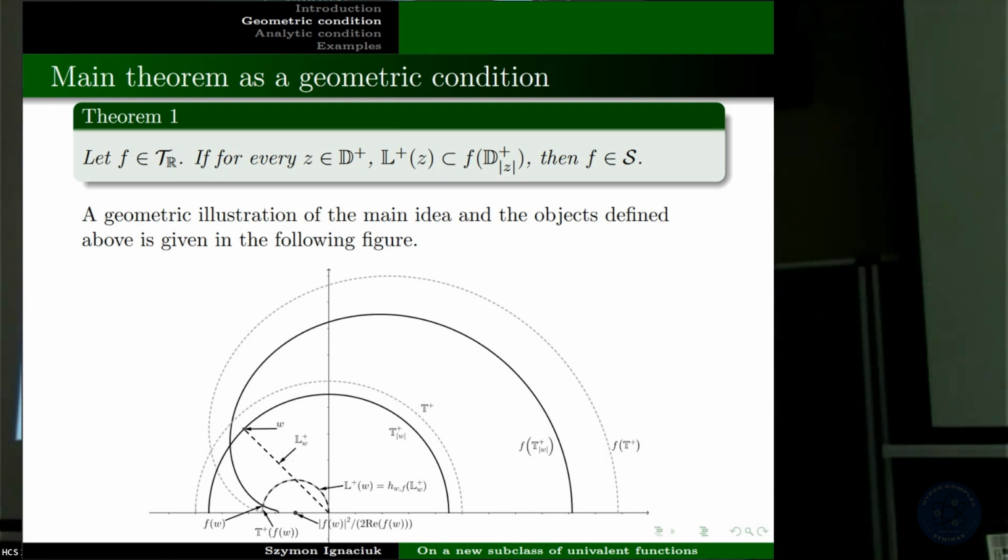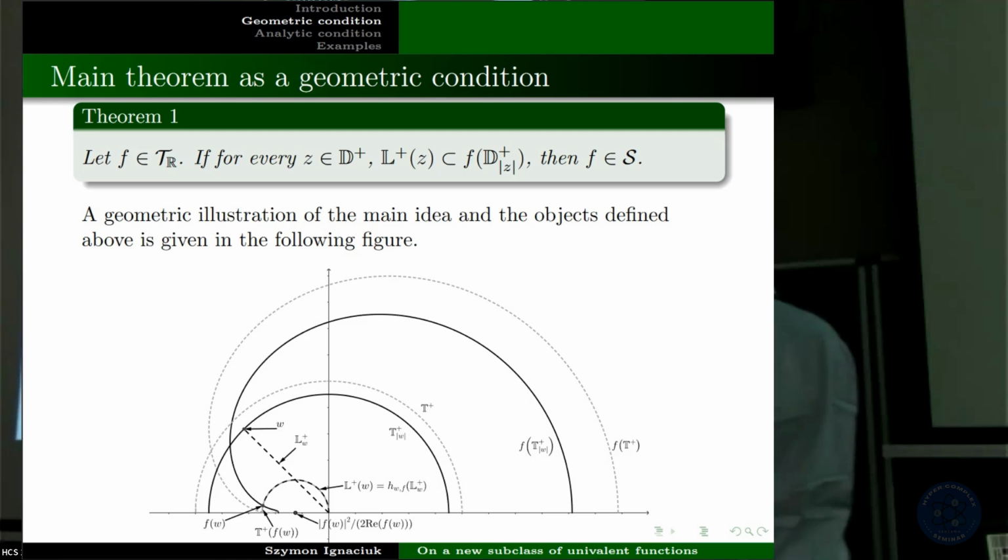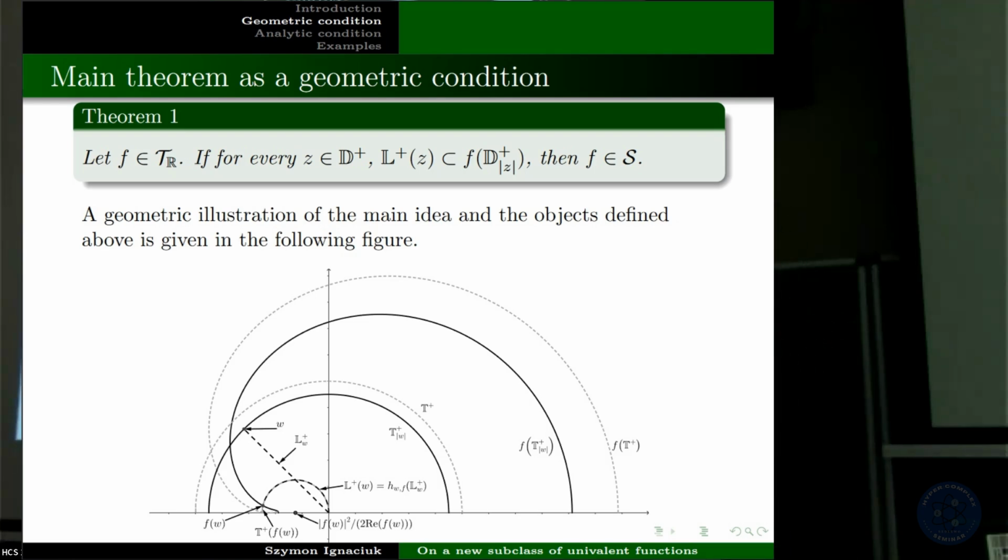So here we've got our picture. In the domain we have T plus, a semi-unit circle. T plus modulus w is a semicircle which contains a point w, and this is all we have in the domain. And in the image we have f of T plus, the image of T plus through the function f, and f of T plus modulus w.